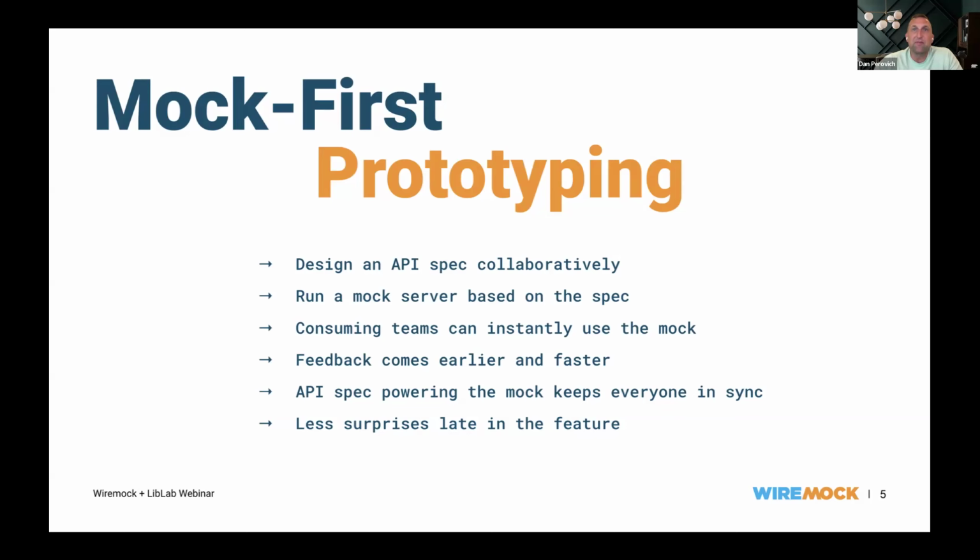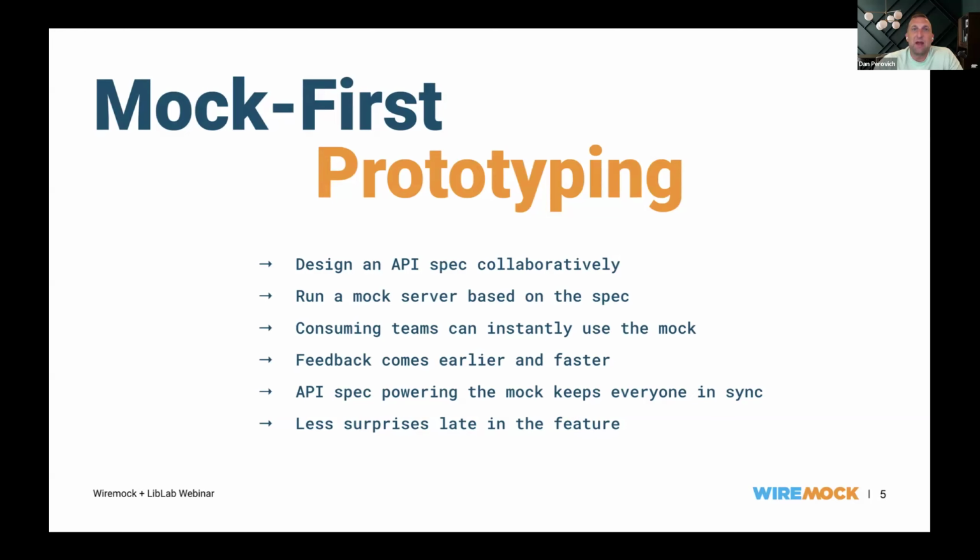And then we get faster feedback from that consuming team as they start to build their business logic and consuming this API. They can rapidly flush out any deficiencies that we didn't see during that prototyping and design phase.